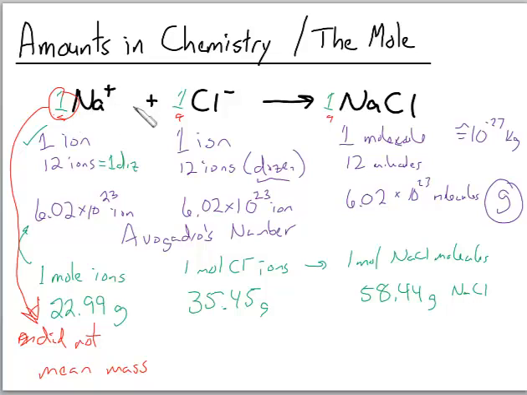I'm not saying 1 gram plus 1 gram equals 1 gram. No, it's 22.99 grams. We can physically weigh this out and track it down. But notice that we can say 1 mole, 1 mole, and 1 mole. That does correspond to that initial concept of 1, 1, and 1 as laid out by these chemical equations.